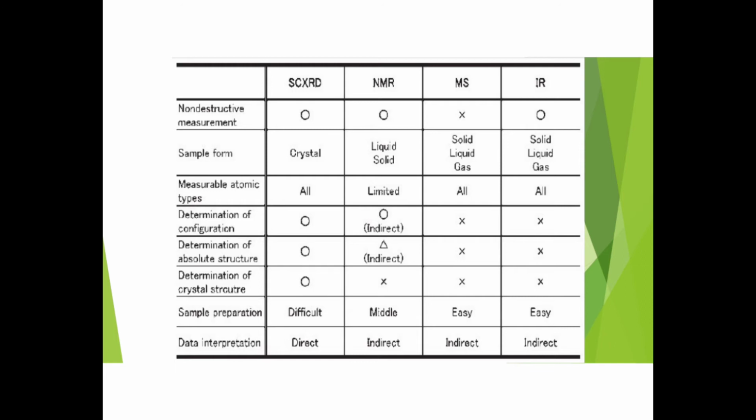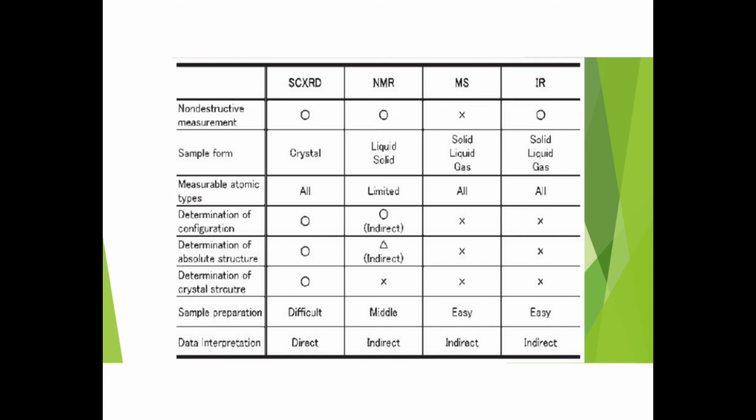You can see that single crystal X-ray diffraction, NMR, and IR are non-destructive techniques while MS is not. As far as the sample form is concerned, single crystal X-ray diffraction uses crystal form, while nuclear magnetic resonance uses liquid or solid form, and MS and IR use solid, liquid, or gaseous form.